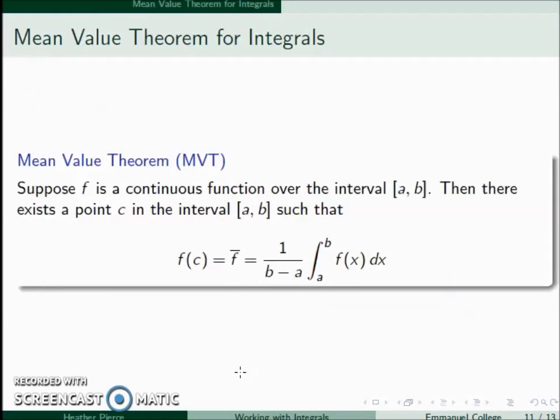So the mean value theorem for integrals states that if we have a continuous function over the interval a to b, there is a point c on this interval such that f of c is equal to this average value. So not only can we find the average value, but the function actually hits the average value at some point.